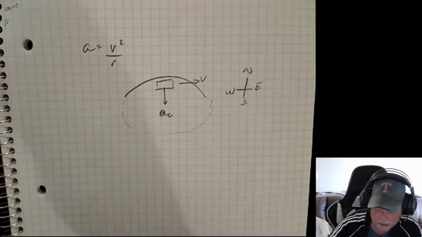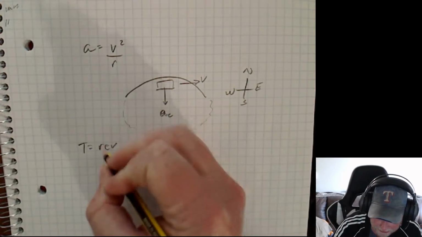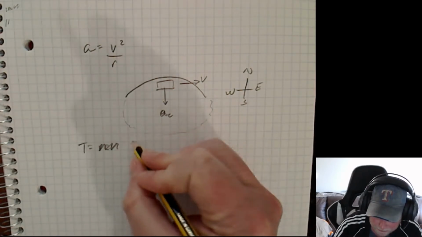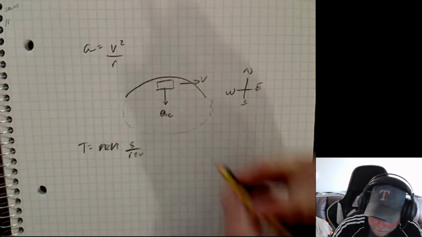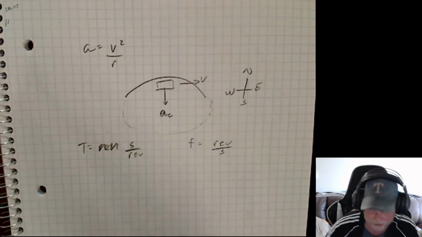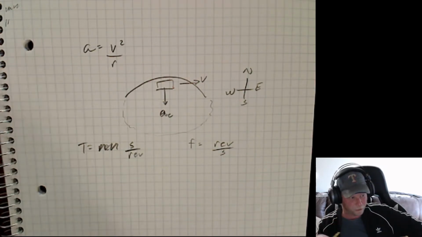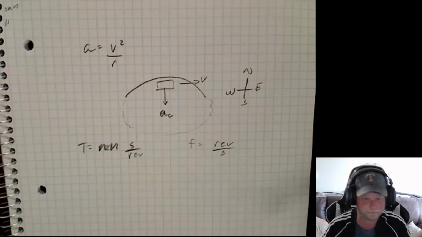So period we can consider as seconds per revolution, whereas your frequency would be revolutions per second. The period is how long in time it takes to make one full circular path, whereas the frequency is how many times it makes that full circular path per second.